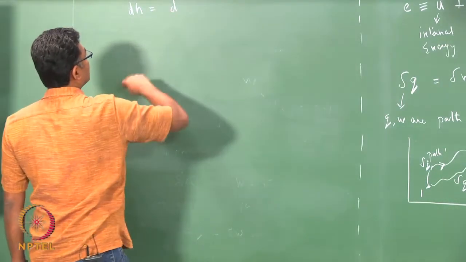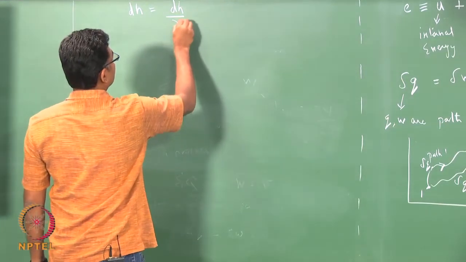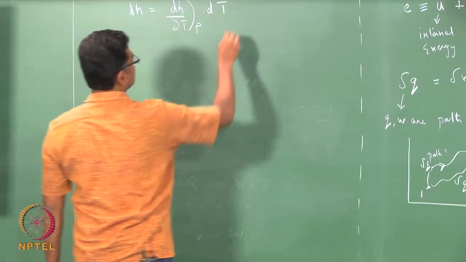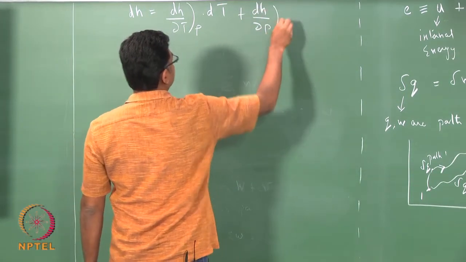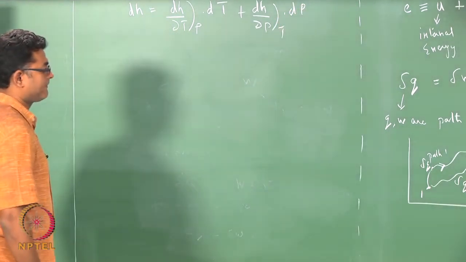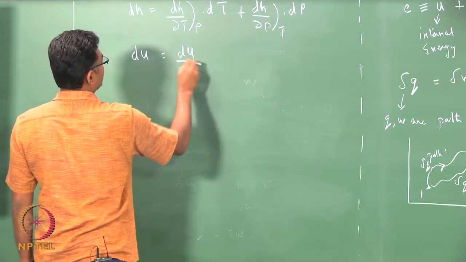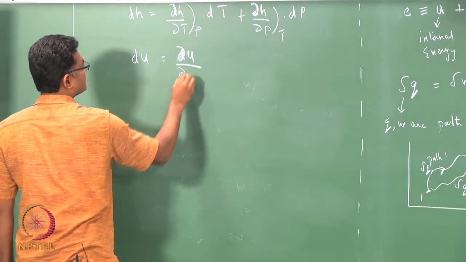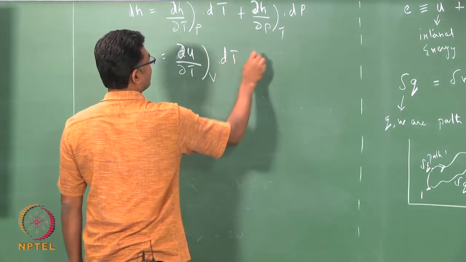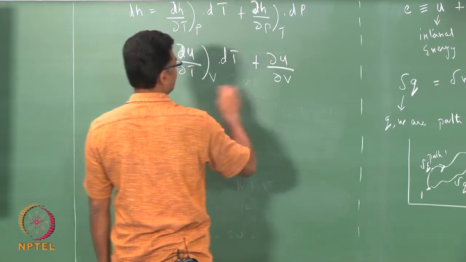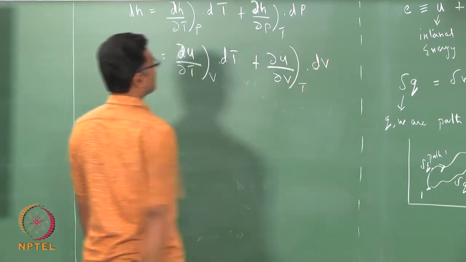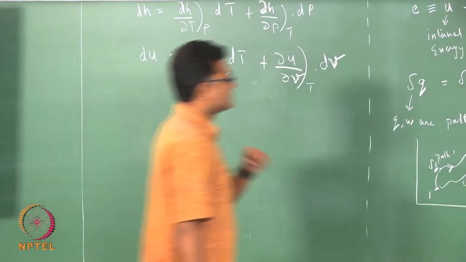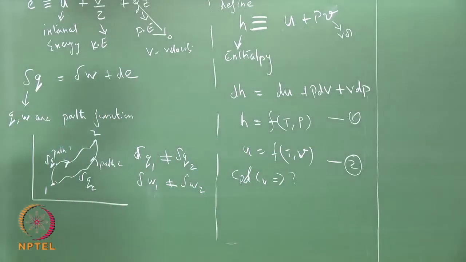I get dH equals dH by dT at constant pressure into dT plus dH by dP at constant temperature into dP. And dU is dU by dT at constant volume into dT plus dU by dv at constant temperature into dv. Okay. So, this is volume.